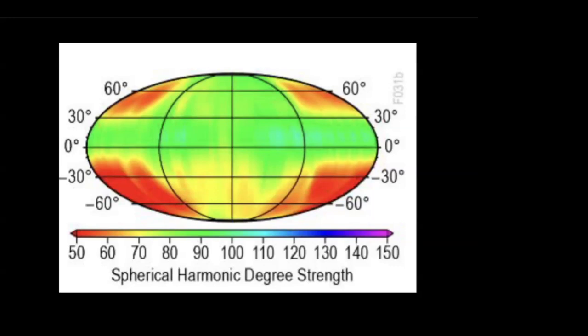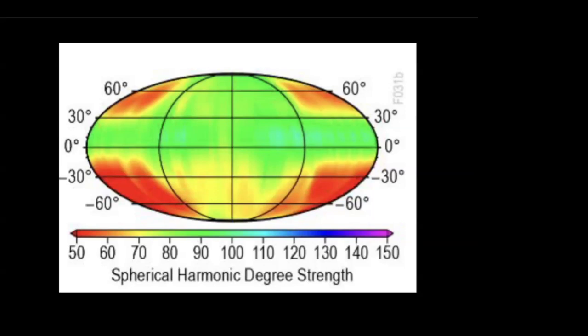And what that means is that features that are less than about 300 kilometers become almost impossible, if not completely impossible, to resolve correctly. So interpreting the Bouguer and free air anomalies to match up with the models becomes very, very difficult.